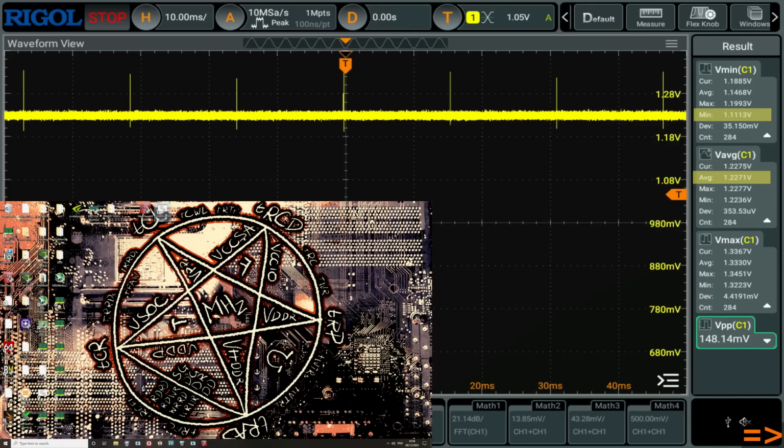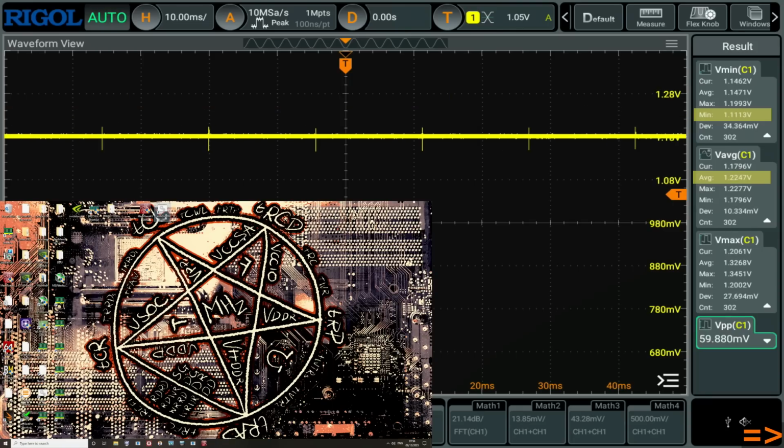What's especially bad about this is that it's literally worse than our idle voltage, right? If I reset our statistics right now, our average idle voltage is 1.18 volts. And our minimums at idle are 1.14 volts. The thing is, the oscilloscope is hooked up to the back of the motherboard, so we're not seeing the full extent of the undershoot at the silicon itself.